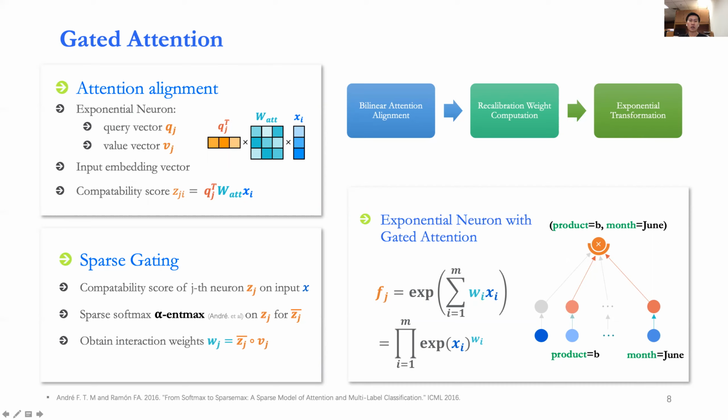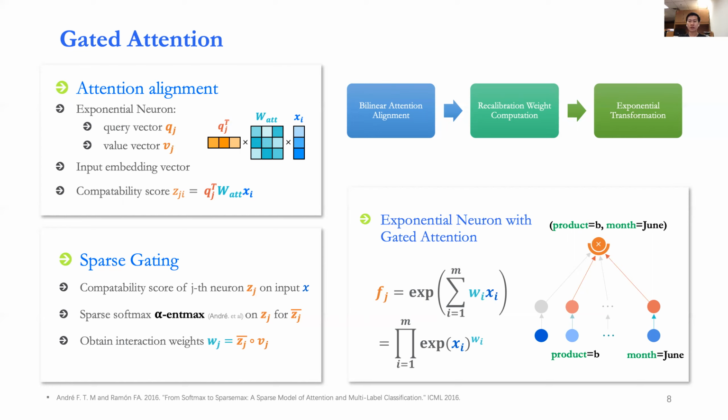The first step, attention alignment. So to make the gated attention efficient and effective, each exponential neuron is associated with a learnable query vector Q and a value vector V. Note that first each input feature X is transformed into an embedding vector in the pre-processing module.